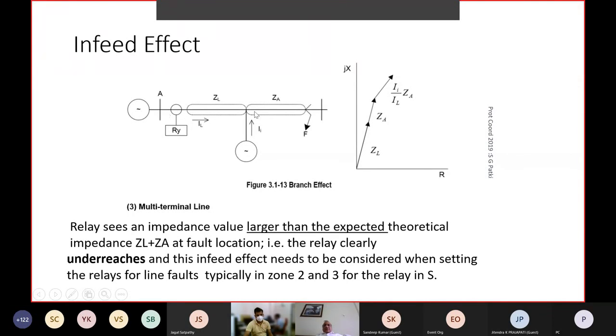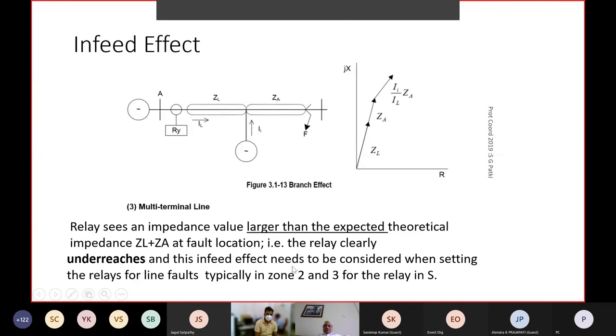So if you have a relay here, and if there's a fault here, earlier it was a straightforward impedance loop considering R and X of the line, and the current was uniformly the same all throughout this fault current. But now what will happen? There is a feed coming from this generator also. So this portion of the line will see a voltage drop which is due to this current as well as this current. Whereas this relay actually will not see this because it is seeing only this current.